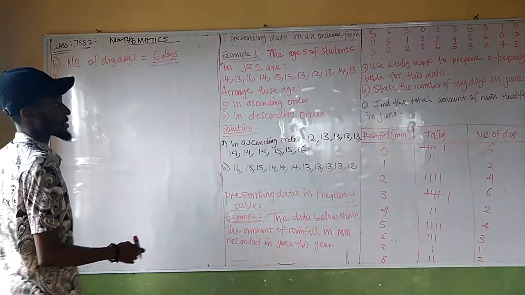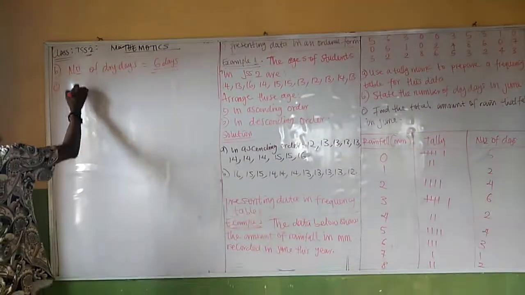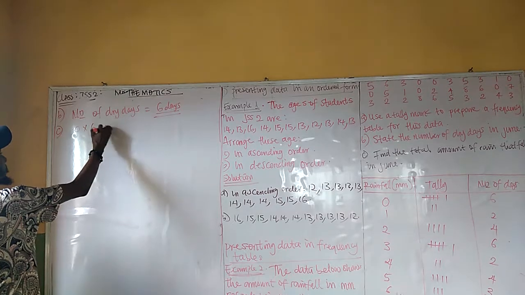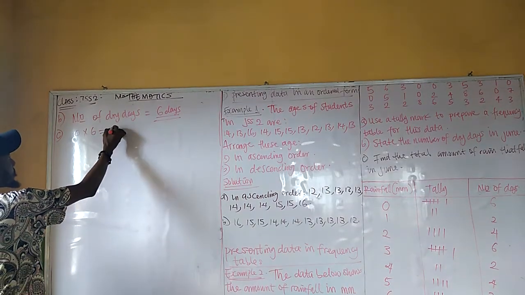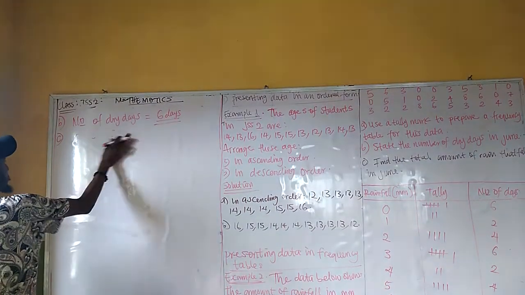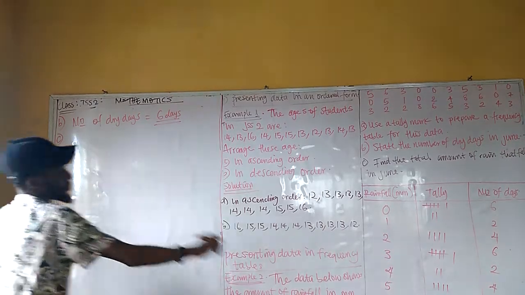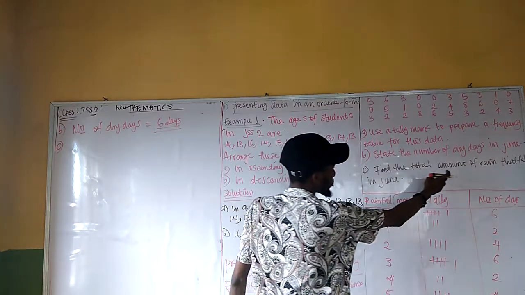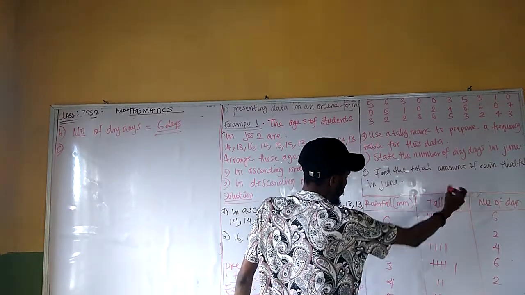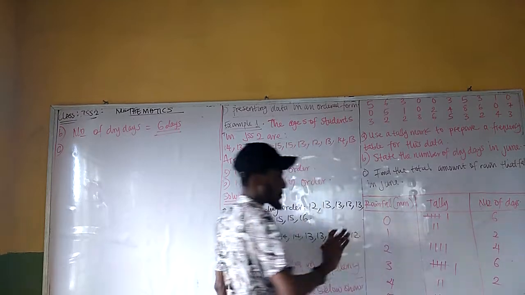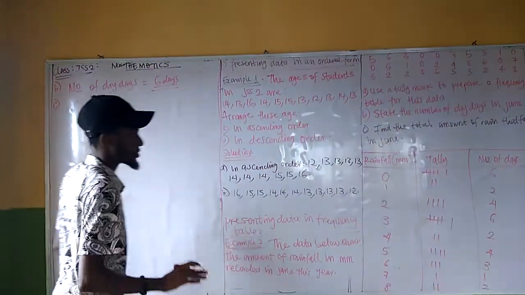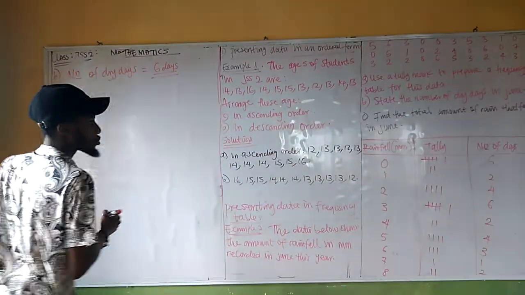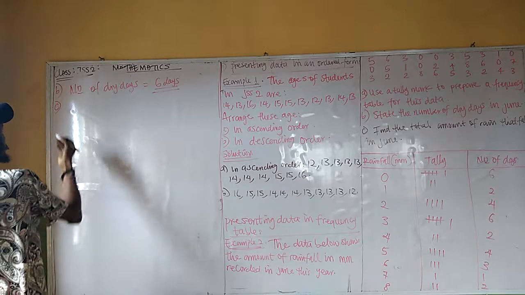So 0 multiplied by 6 will give us 0. We don't really need that, so our major focus should be from 1 downward. The reason is that they are asking for the amount of rainfall in June, and this 0 only tells us there was no rainfall on those days. So let's focus from here downward, using summation fx.